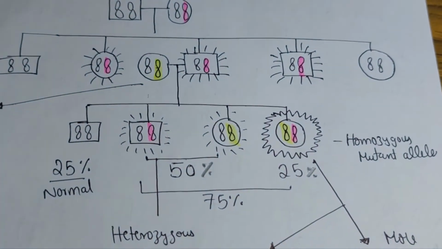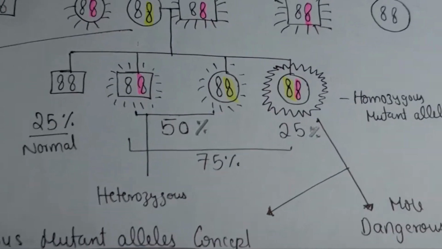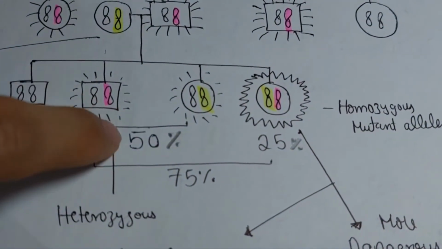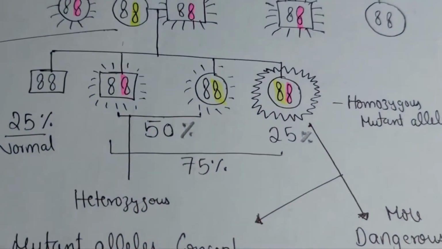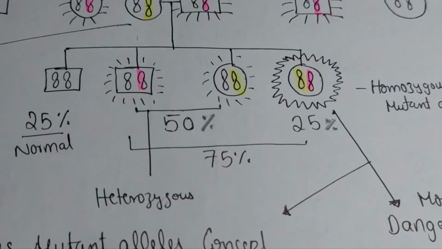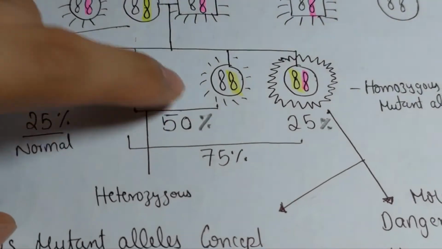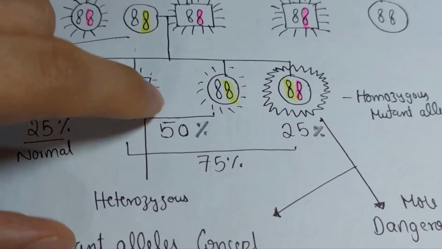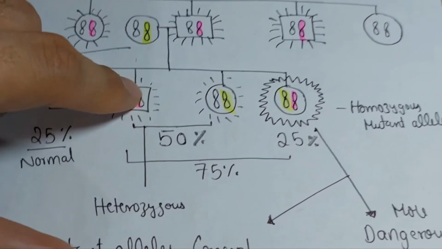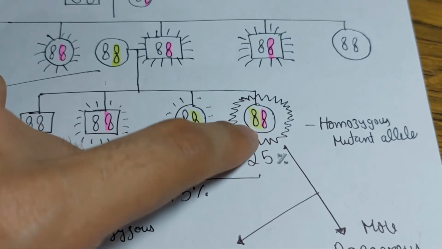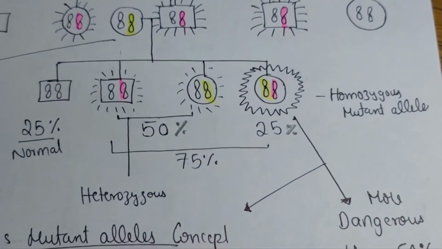And out of these progeny, the 50% who are heterozygous are going to have less severe manifestation of the autosomal disease. So if we consider Marfan syndrome, they will have less severe manifestation of Marfan syndrome. Whereas the kid who is homozygous for the mutant allele is going to have very severe manifestation of Marfan syndrome.